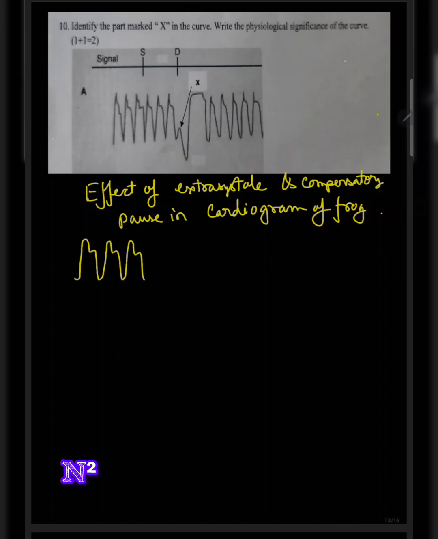Now in this normal cardiogram, I told you there is a diastolic phase, there is a systolic phase. Now supposedly in this cardiogram, you know there is a relative refractory period, there is an absolute refractory period.